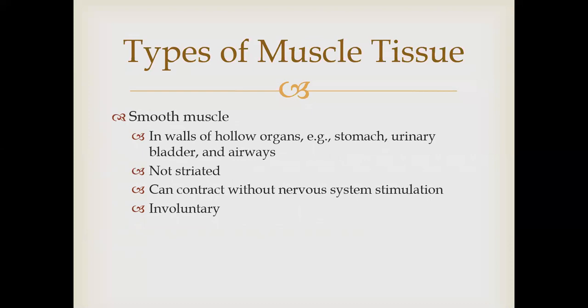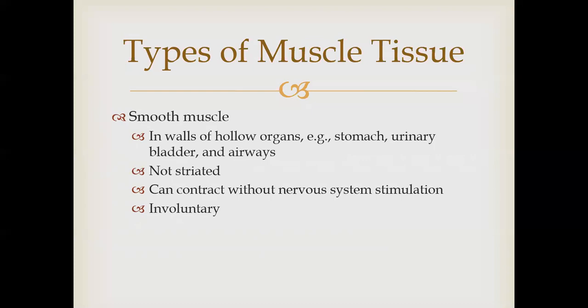Contraction regulation is involuntary, so it can contract without the nervous system to stimulate it. And its morphology is that it can be single or fusiform, spindle-like shapes. They are uninucleated. There are no striations. And typically, very slow and sustained rhythmic contractions.